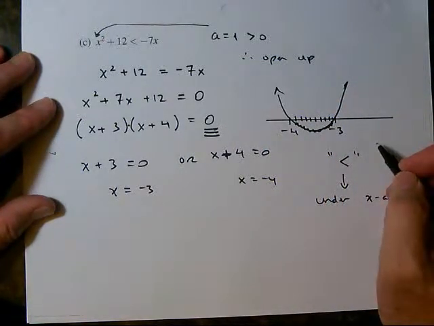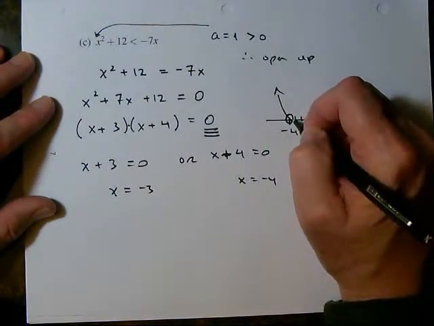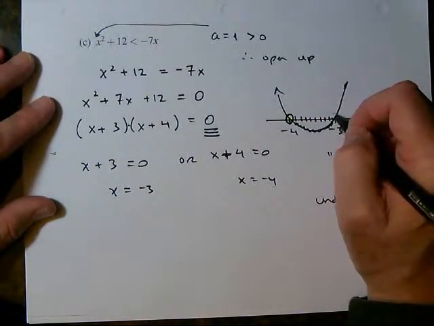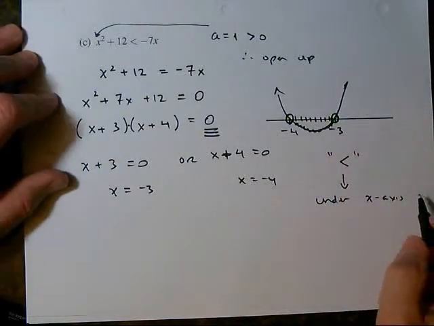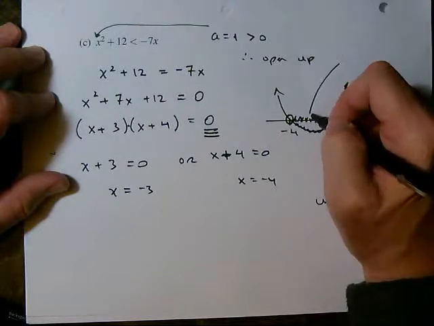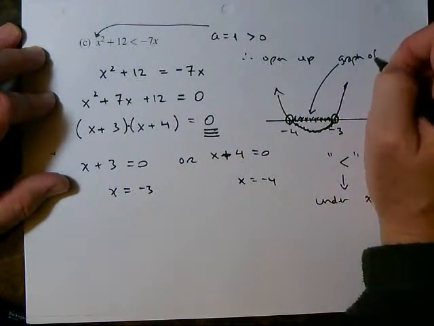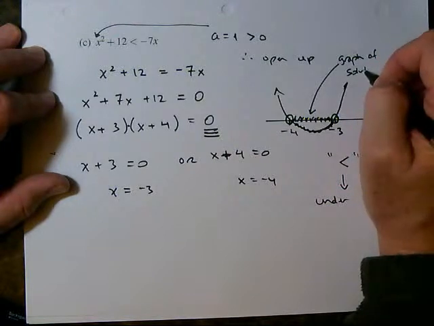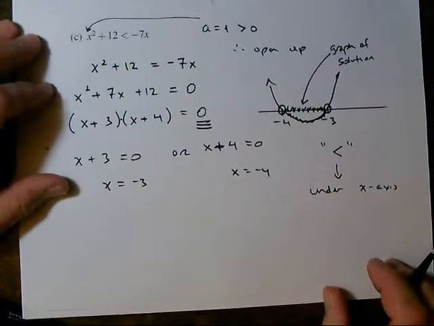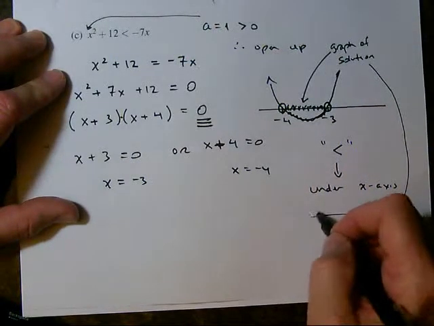So these are the x's shaded on the x-axis. Now, since we're under the x-axis, we're not allowed to be on it. So I do not want the x-intercepts, so I'll put a circle there to exclude them. So right there is a graph of the solution, like we've done in all the examples so far.